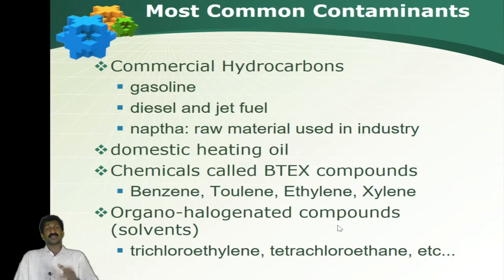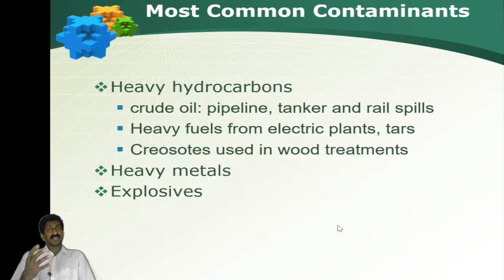Then organohalogenated compounds like different solvents, including trichloroethane, tetrachloroethane, etc. Then heavy hydrocarbons like crude oil, pipeline, tanker or rail spills, oil spills, heavy fuels from electric plants, tar, etc., and caustic used in wood treatments.